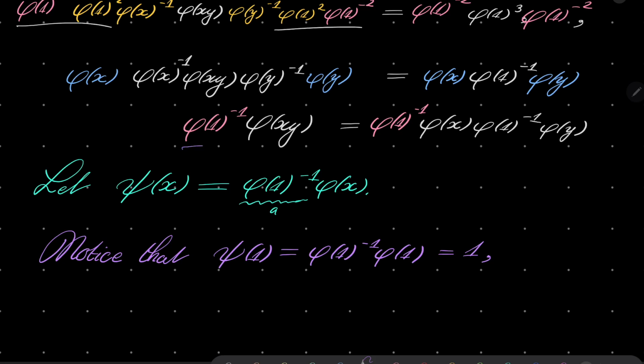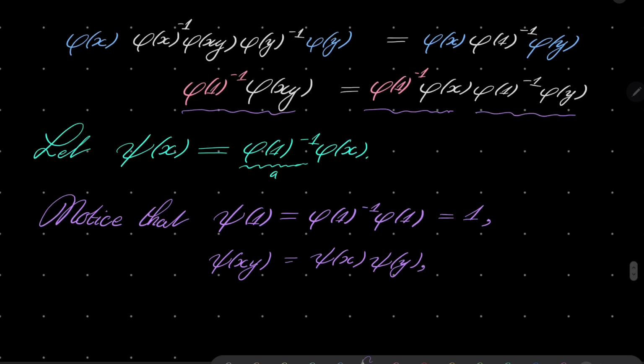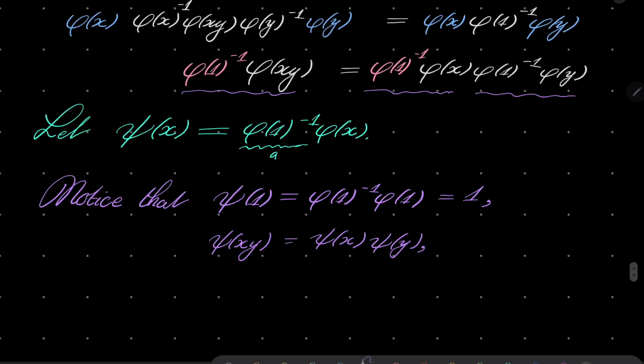And notice that this line right here can be rewritten in terms of function psi: psi of xy equals psi of x, psi of y. Which means that our function psi is a homomorphism, i.e. psi going from G into itself is a homomorphism.